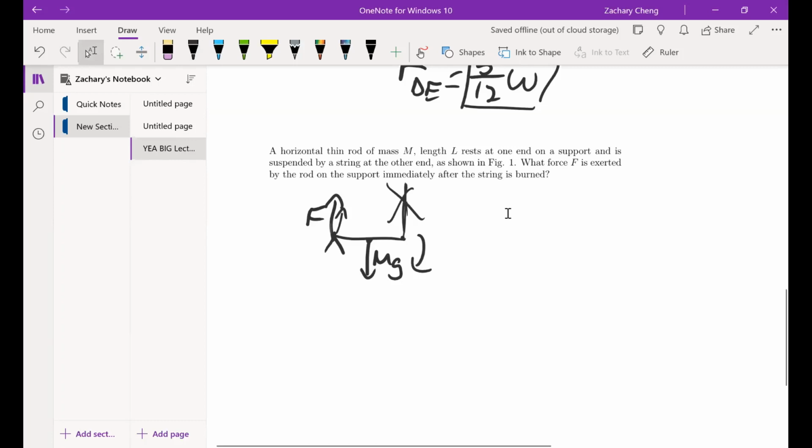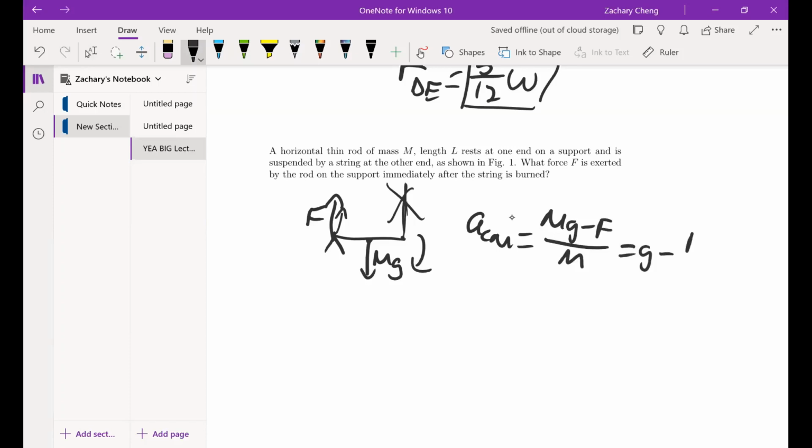Okay, so the acceleration of the center of mass is just equal to the net force over m, and that's mg minus F over m. That's g minus F over m.